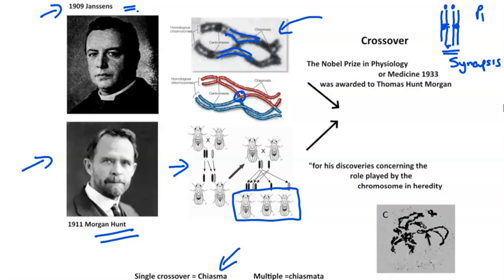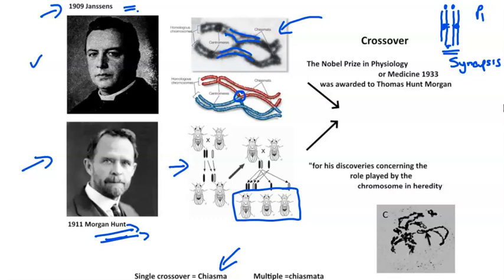So at this time, they're consolidating information about Mendel's rules, and yet items arose in Morgan's experiments and from Janssens's study of chromosomes which appeared to contradict what Mendel had proposed.